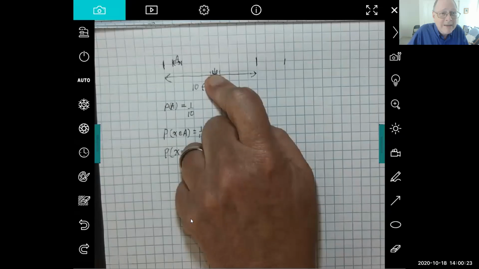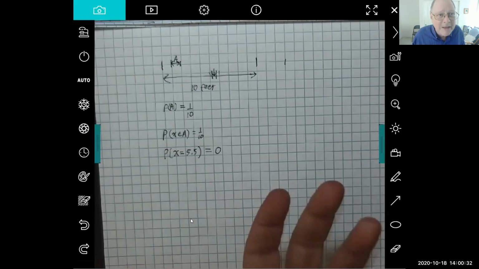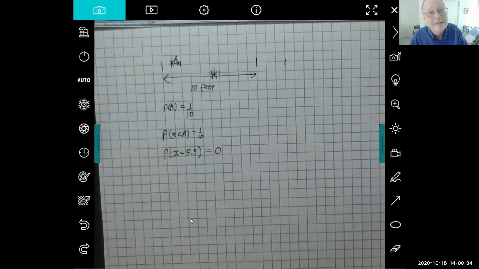And you're predicting that that would happen 0% of the time if you go on forever, because there's so many other places the ball could hit, and it hits them all equally likely according to your model.